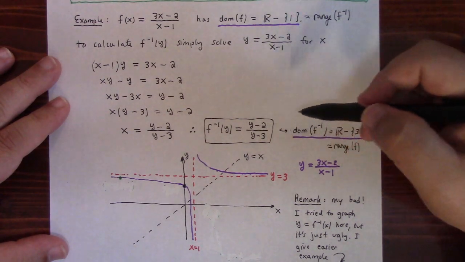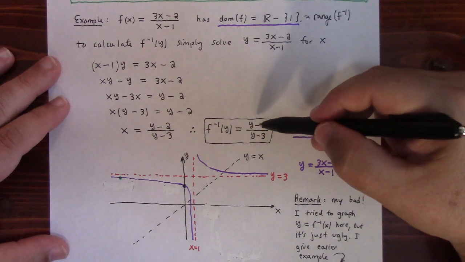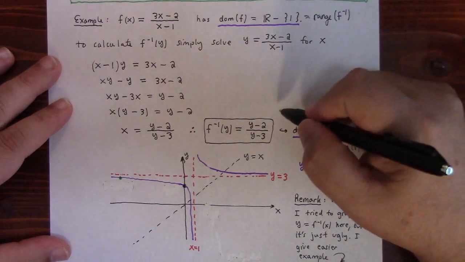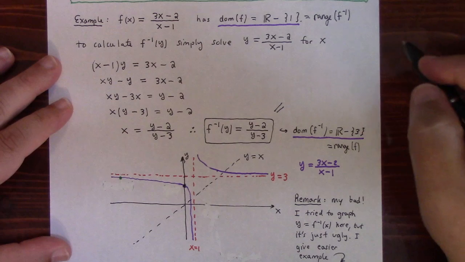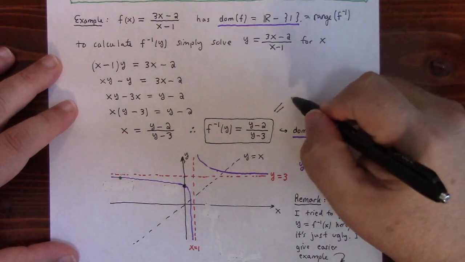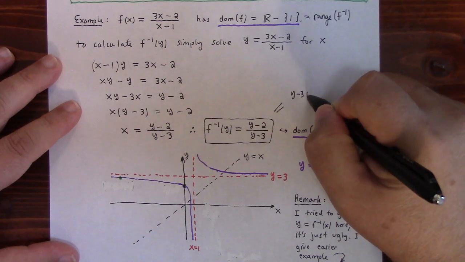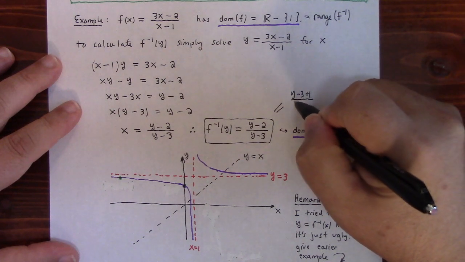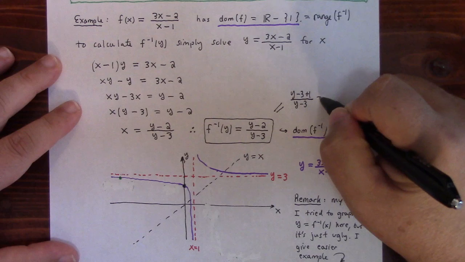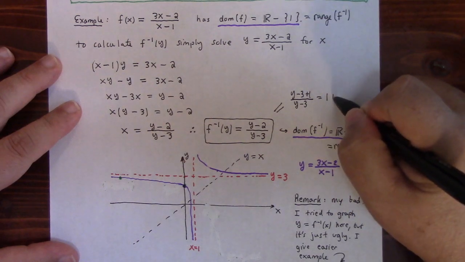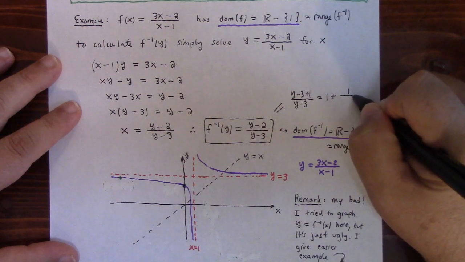It's not immediately obvious, but here's a formula for this. That would be y minus 3 plus 1 over y minus 3, which is 1 plus 1 over y minus 3.